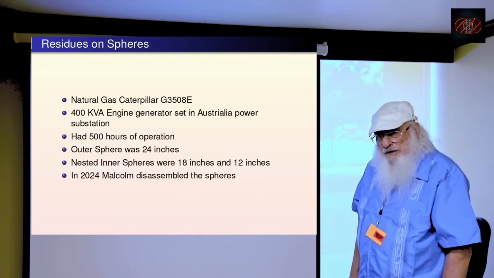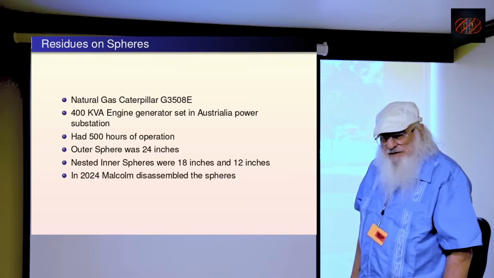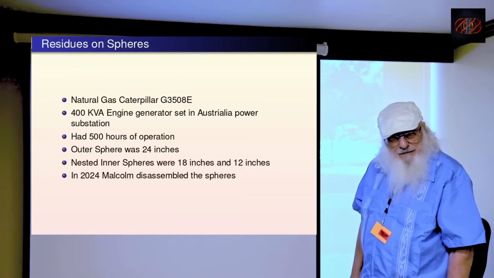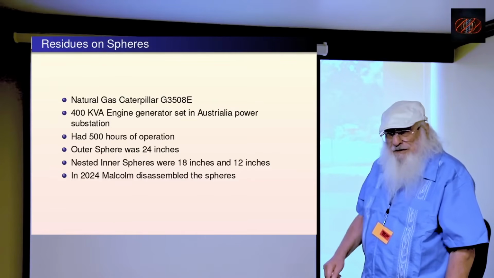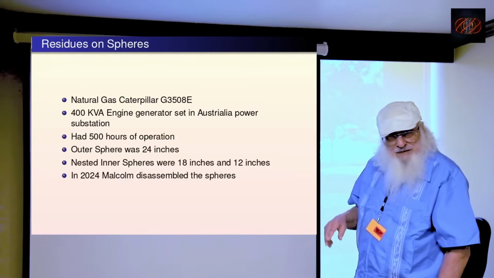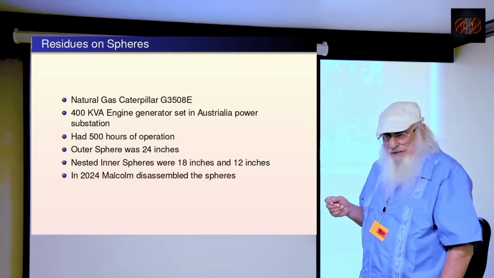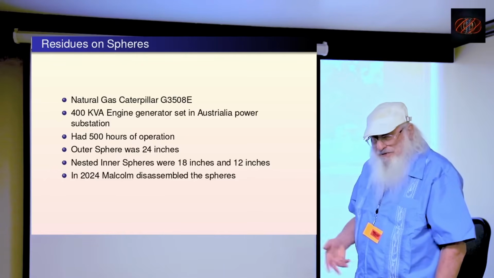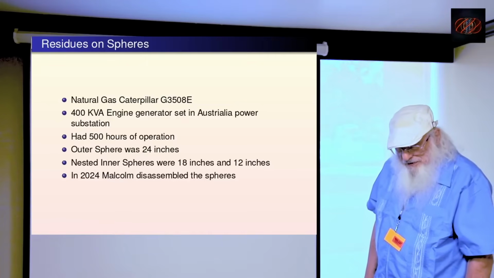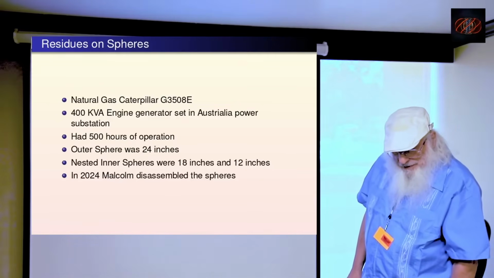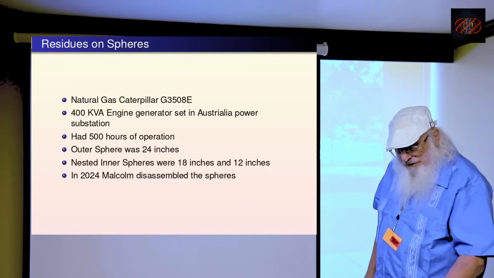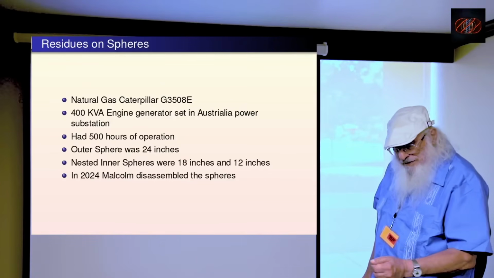The engine would turn on when the demand of the electricity on the transmission lines was getting too high, and so it would turn on to give the transmission lines some additional energy. Otherwise, the electricity would have to be cut off. The sphere sizes were 18 inches, 24 inches, 18 inches, and 12 inches.